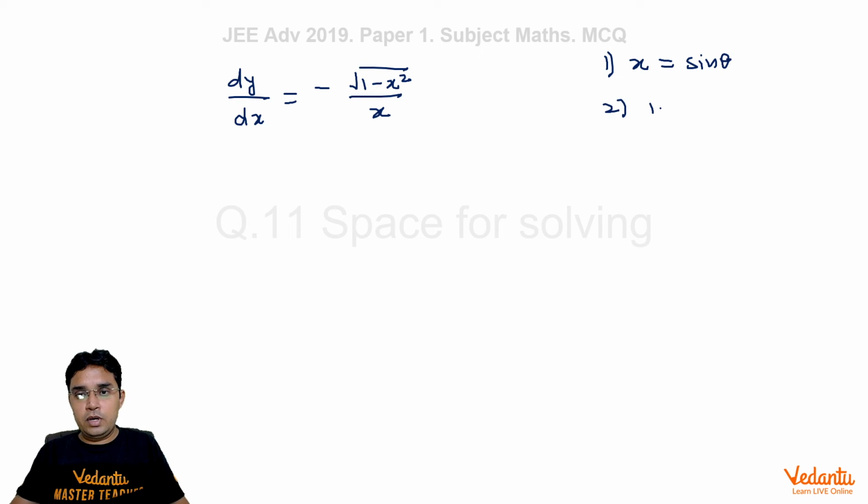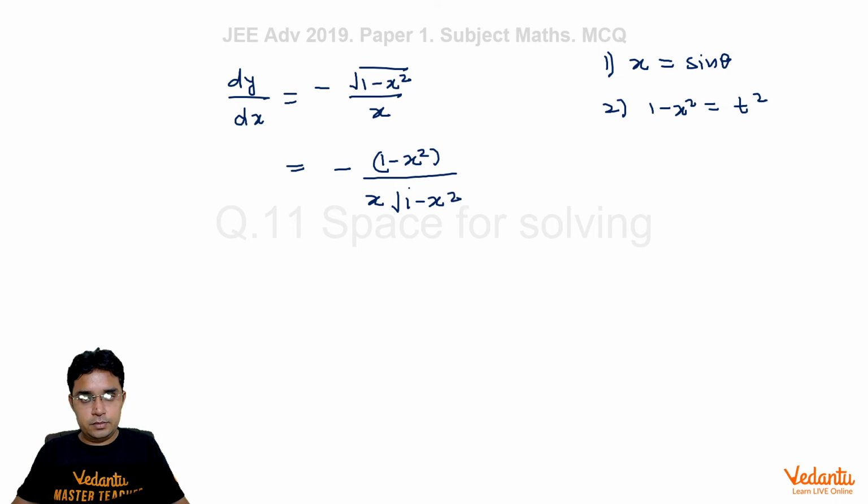We can put 1 minus x square is equal to t square, or maybe let me do one more way: minus of 1 minus x square upon x into root over 1 minus x square. So here you will have minus 1 upon x into root over 1 minus x square plus x upon root over 1 minus x square.